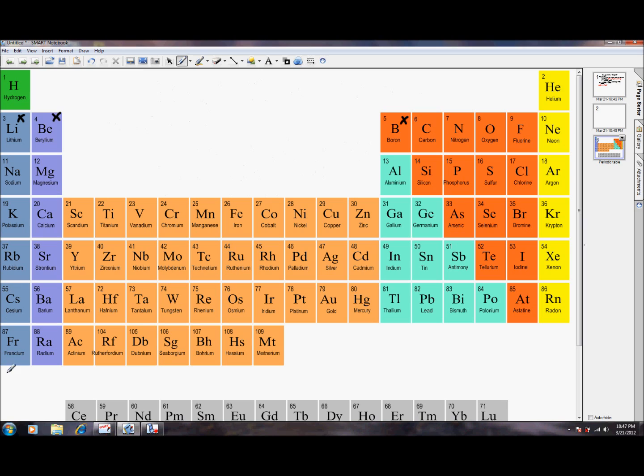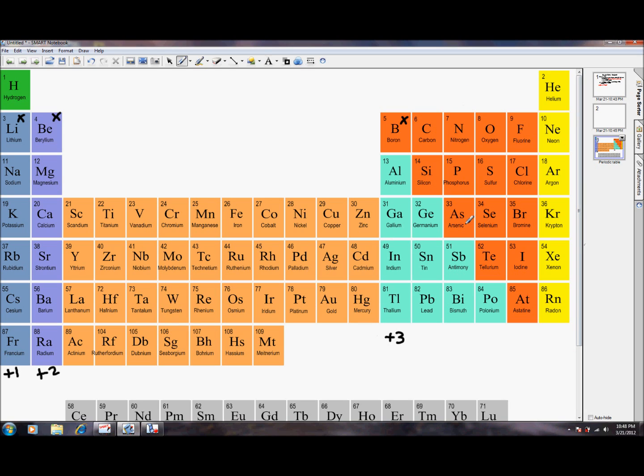Now remember, if you've labeled your periodic table correctly, this particular column has an oxidation state. Every element in this column, when it becomes an ion, has an oxidation state of +1. It means it'll have a +1 charge. Every element in this column would be +2, and all the metals, it would be aluminum, gallium, indium, and thallium, in this column will be +3.